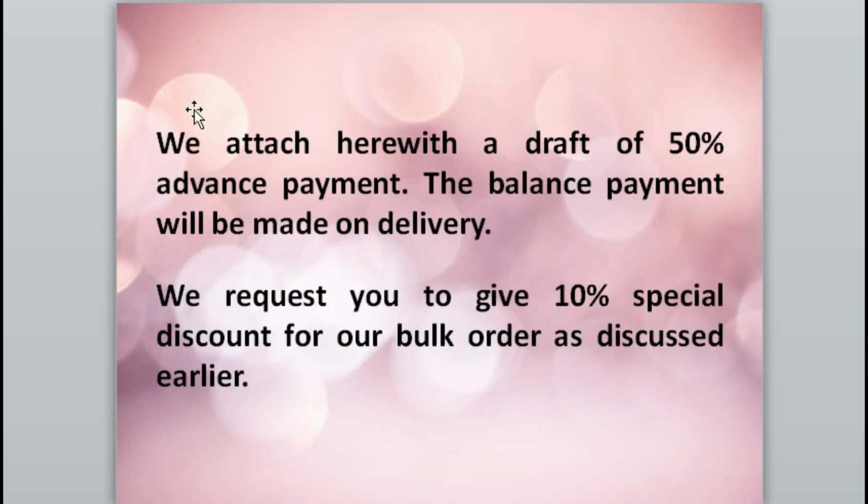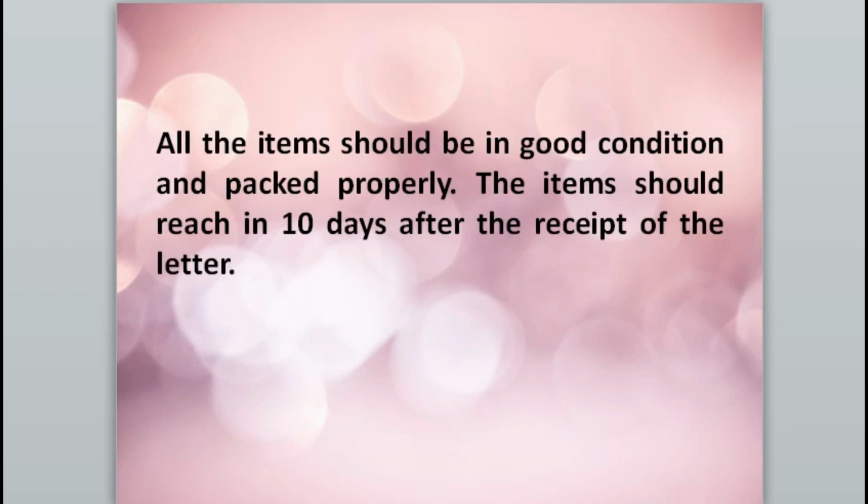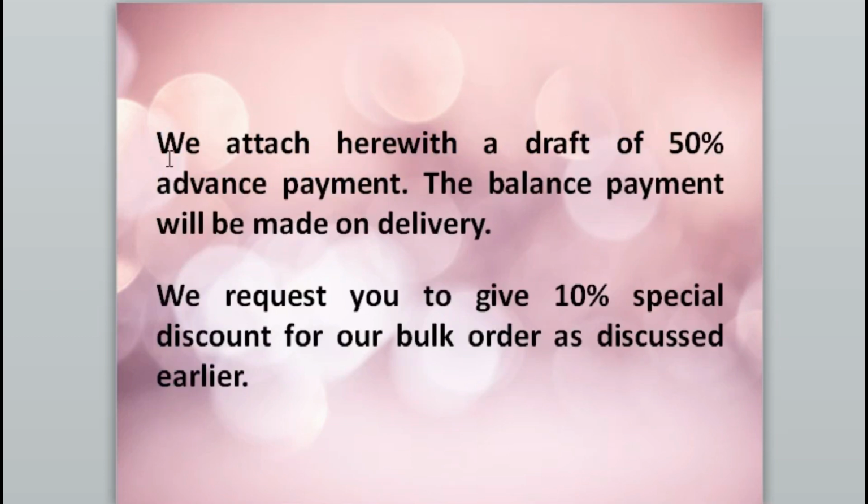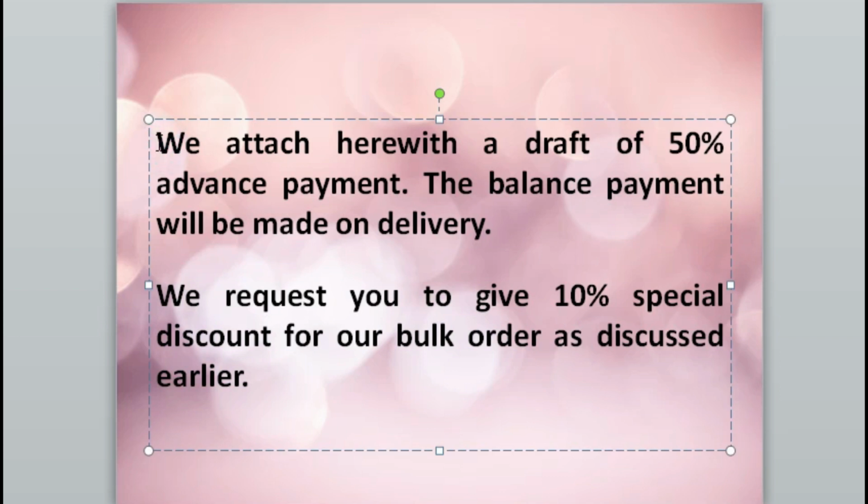Look here, the starting line you have started with I. So if you're using we, you need to change that pronoun. We attach here with a draft of 50% advance payment. The balance payment will be made on delivery. This is the point that I'm going to pick up and write there.